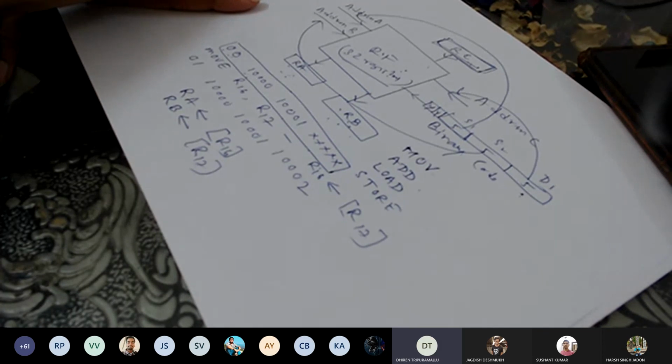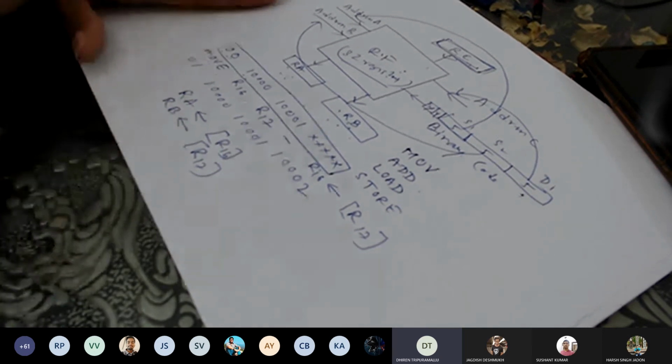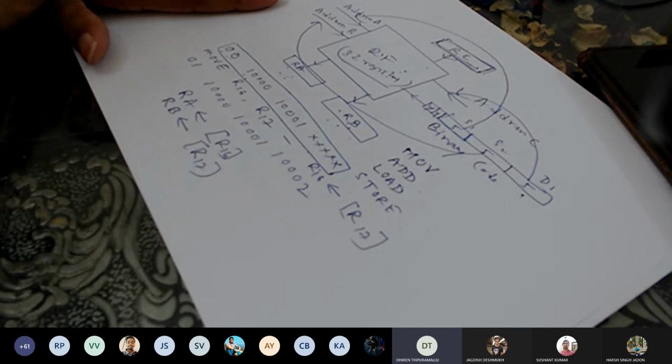Sir? Yes. Sir, I have a doubt in the abstract view of the CPU. Sir, shouldn't we send an instruction line to the data memory as well? Like we should tell it from where to load the data also, right?